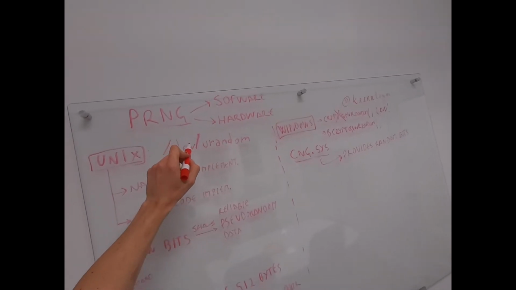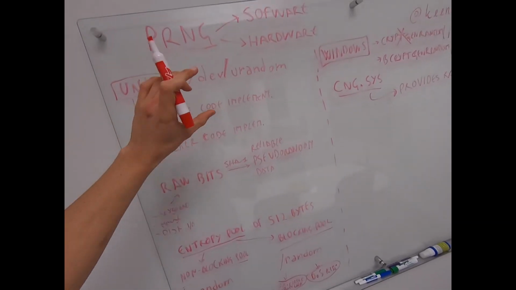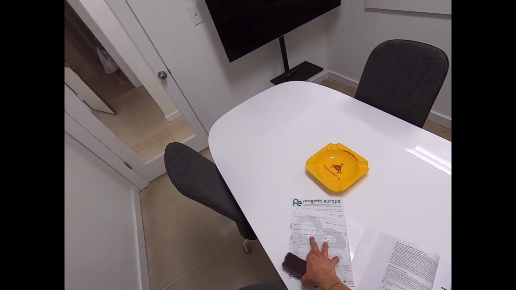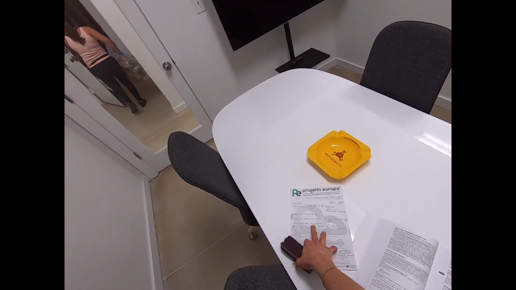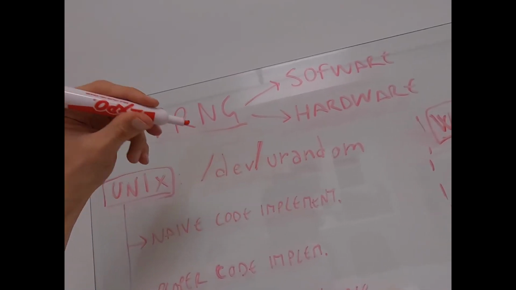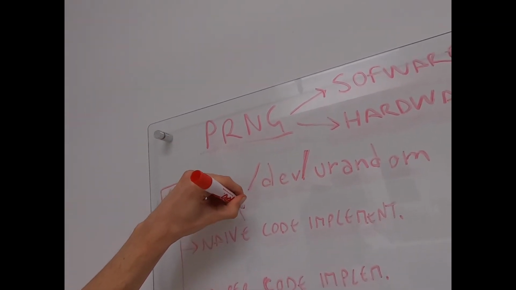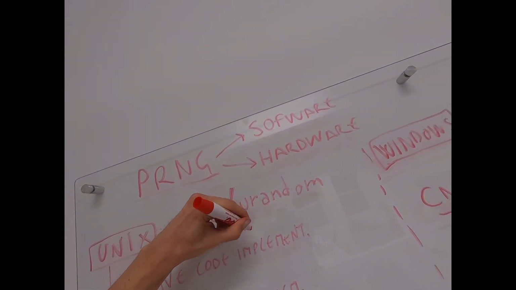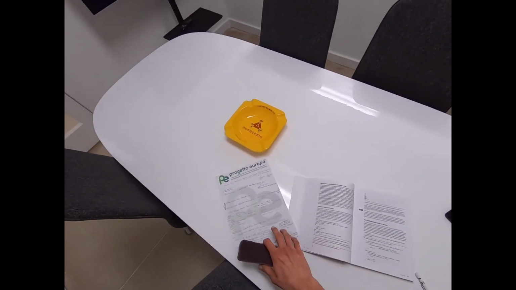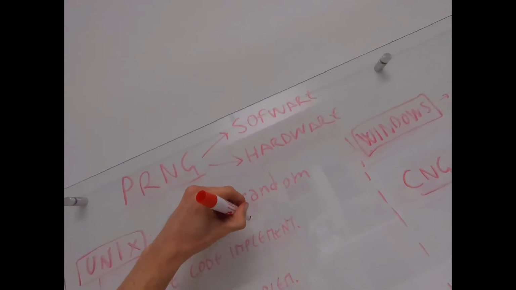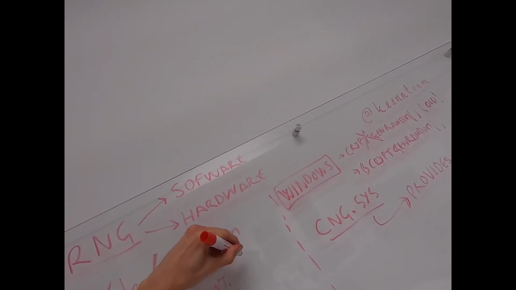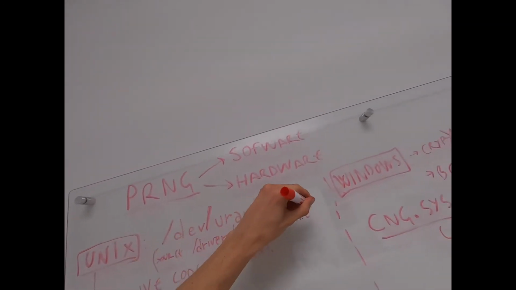Something I forgot to mention: if you want to see the actual C code that powers the implementation of Unix randomness, you can find it in the Linux kernel source code, drivers/char/random.c.